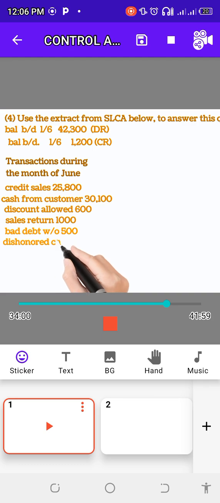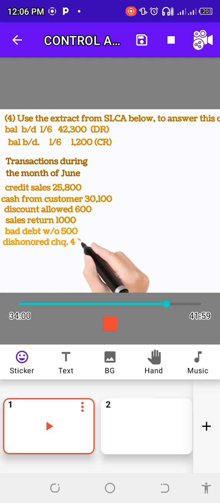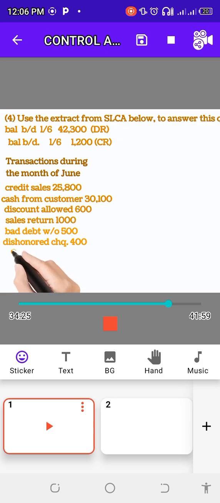Dishonored check is 400. Checks have been previously issued and now are dishonored for certain reasons.